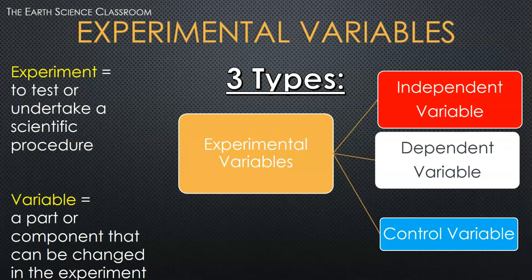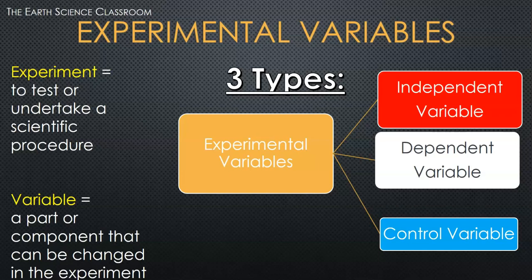Then a variable is something that is part of the experiment that can be modified, changed, fluctuated, or adjusted in terms of what you want to get out of the experiment, the purpose and function of that experiment, to align with your question or your hypothesis.